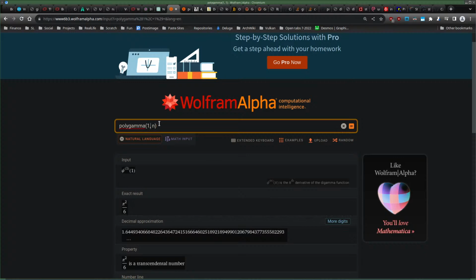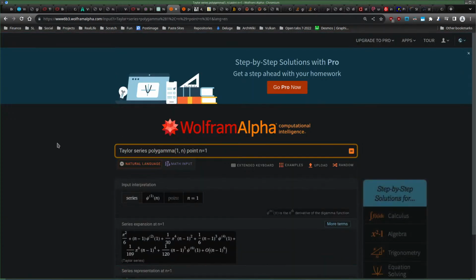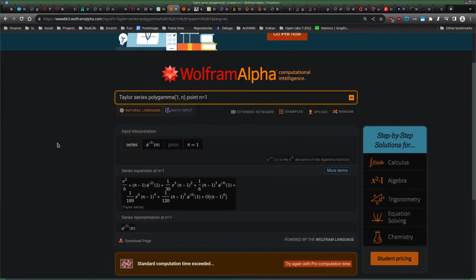Can Wolfram do that? Can do that. Amazing. Pi keeps being part of it. Oh, that's very annoying.